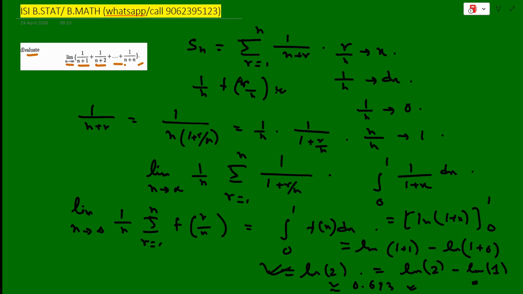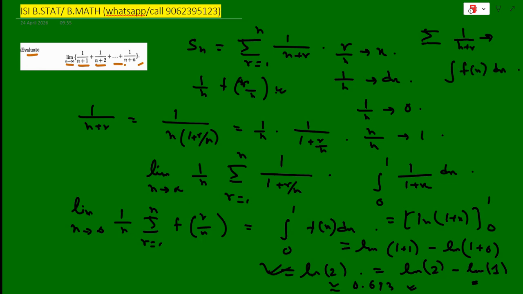So you just solved an ISI level problem using the bridge between the discrete sums and the continuous areas. Okay, so what was the goal basically? Convert summation 1 by n plus r to integration of f x dx.